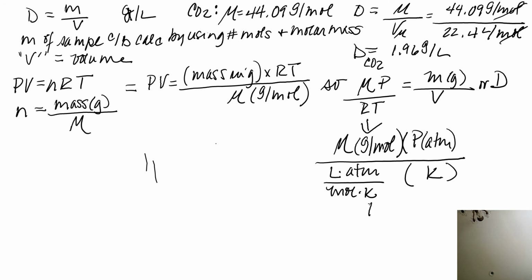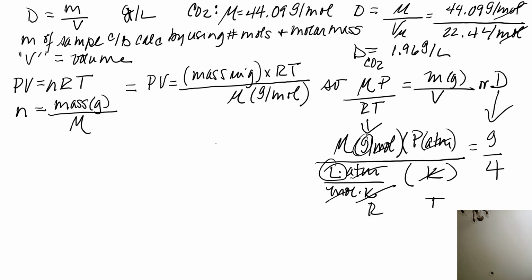So this is R and this is T, equals grams per liter, density. So moles cancel, atmospheres cancel, kelvins cancel, and we're left with grams per liter.